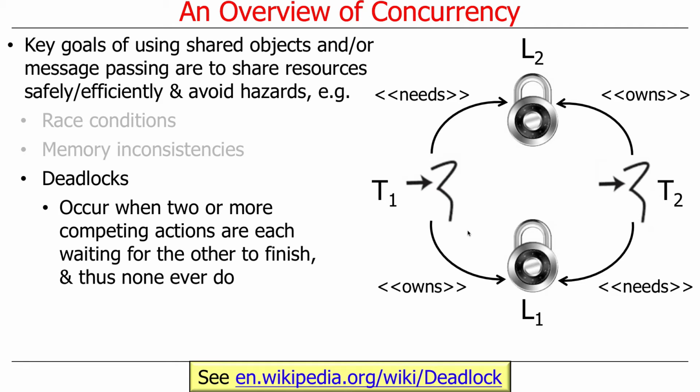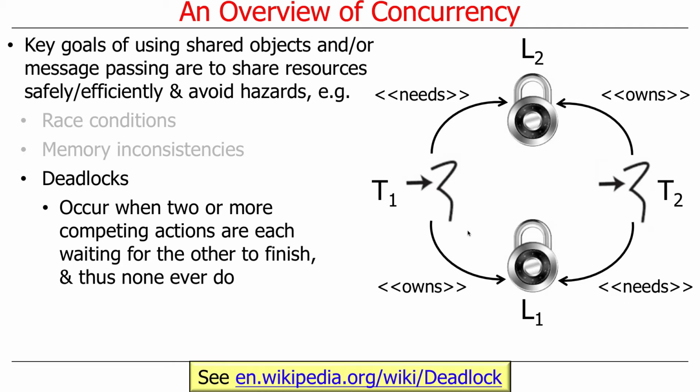Yet another common problem that occurs when you start writing concurrent code is what are called deadlocks. That occurs when two or more competing actions are each waiting for the other to finish, and thus no one finishes. Here's a very simple example that shows the problem. Here we have two threads, T1 and T2, and they're trying to coordinate on two locks, L1 and L2.